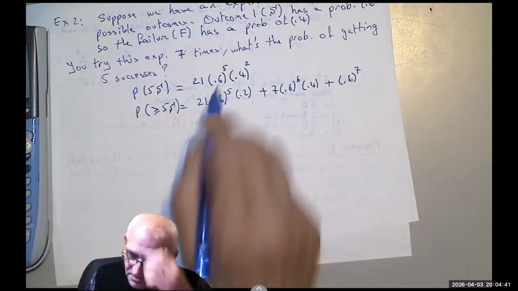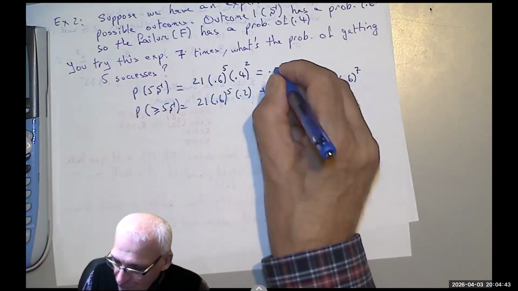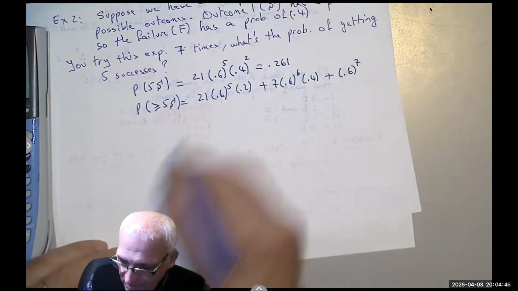And it's not going to be much higher. This is 0.261 to 3 decimal places.